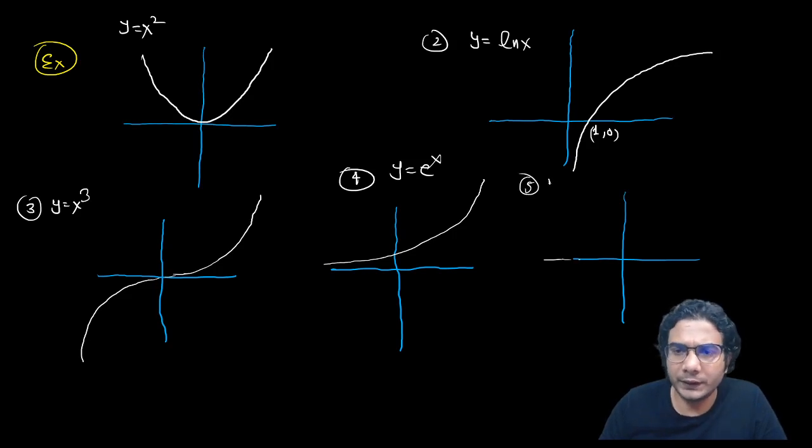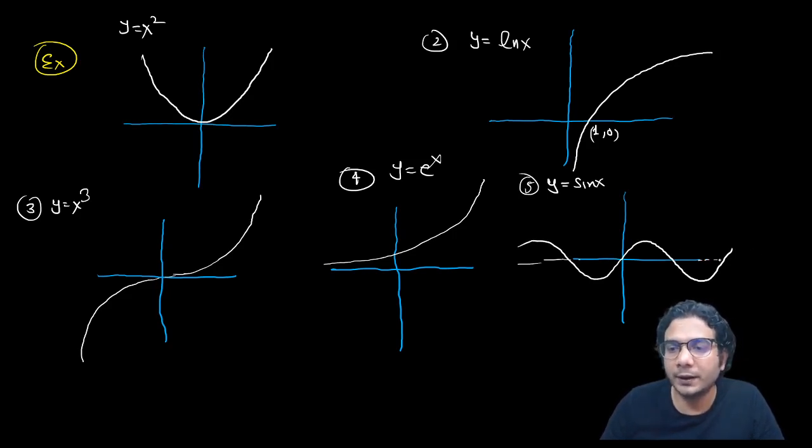Even if you don't want to use that, then let's take y is equal to sine x. All right, so this will be sine x, and so on, and this way will continue to minus infinity, okay, minus infinity to plus infinity. So I hope you have got it. Now let's do the transformation.